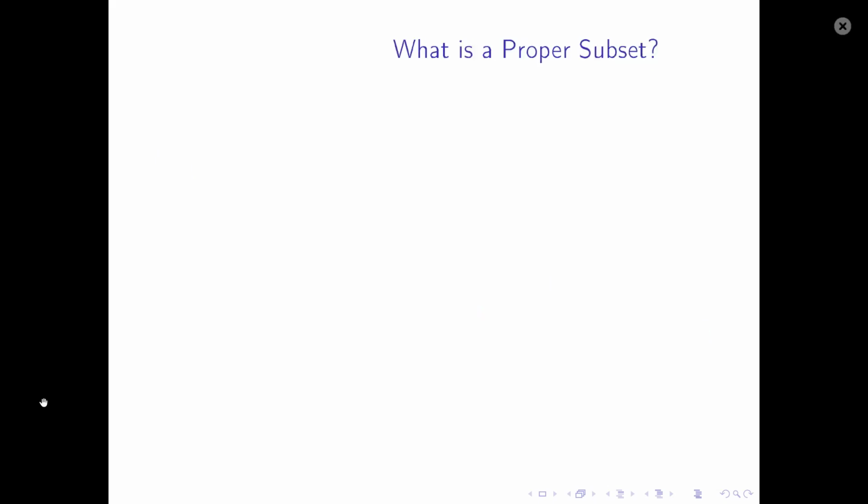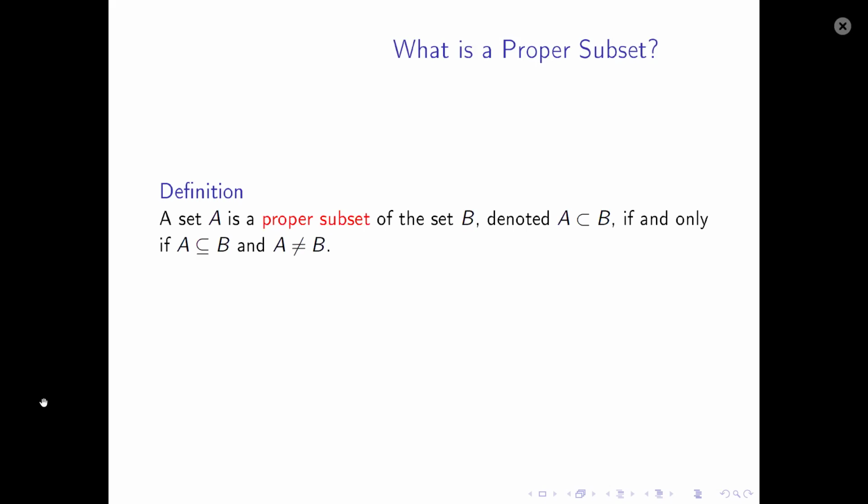Now, there is also something called a proper subset, and that is when we just drop the equality. It is any subset where they are not equal. Simply that. Here's a quick example. If A is {1, 2, 3} and B is {1, 2, 3, 4, 5}, is A a proper subset of B? The answer is, well, yes.